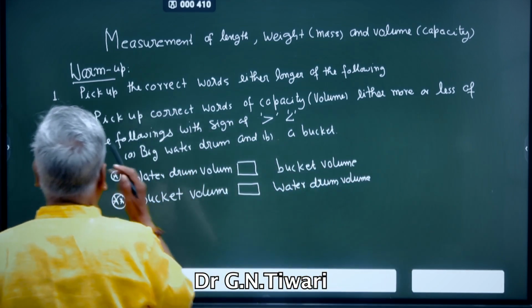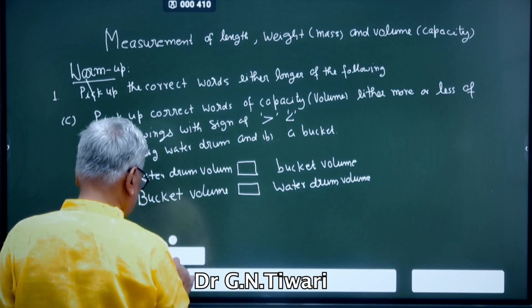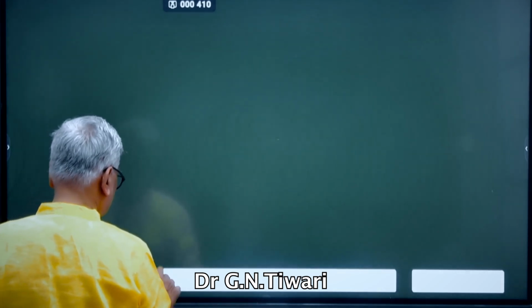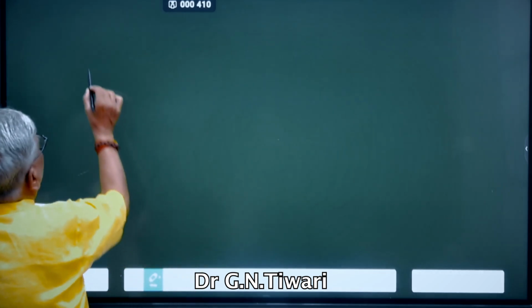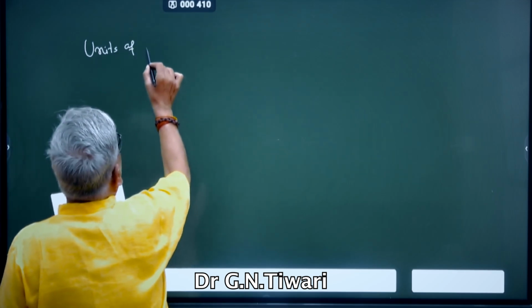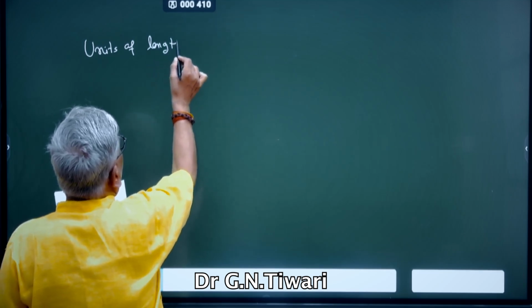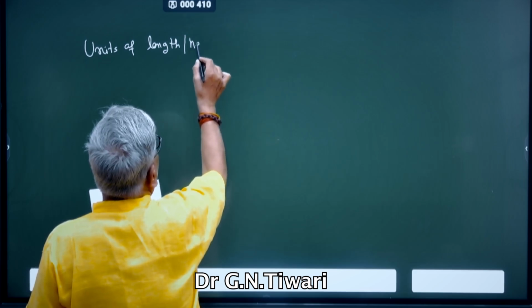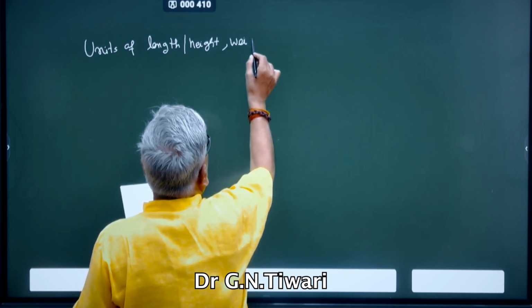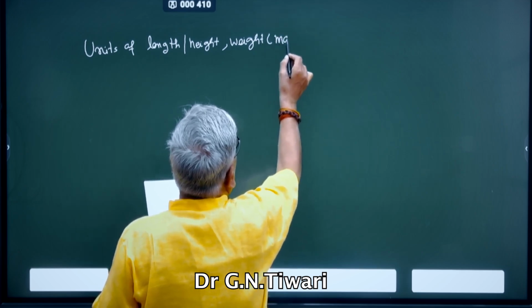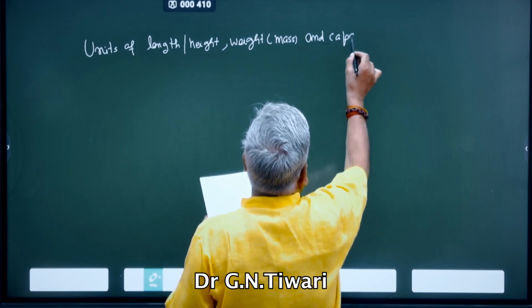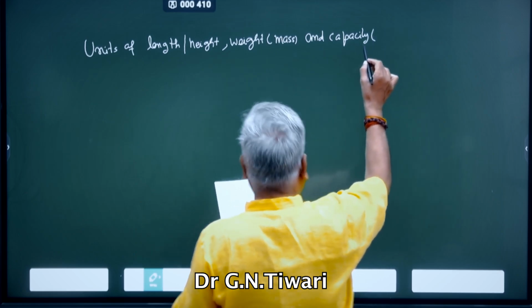Now, I will discuss the units. Units of length, you can also call height, weight, you can also call mass, and capacity, that is the volume.